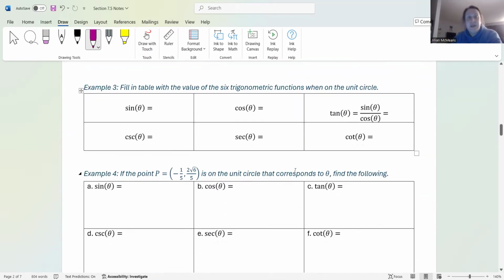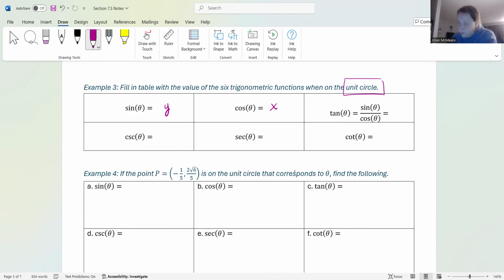Okay, now it says fill in the table with the values of the 6 trigonometric functions when on the unit circle. So on the unit circle, we already know that sine is y and cosine is x. Now tangent, we have to go back to the identities that we learned several sections ago. We had this idea of a quotient identity, and we know that tangent is really sine over cosine.